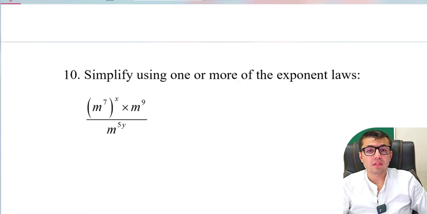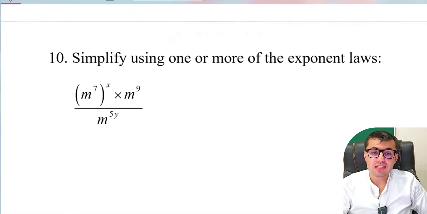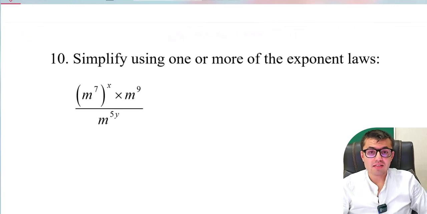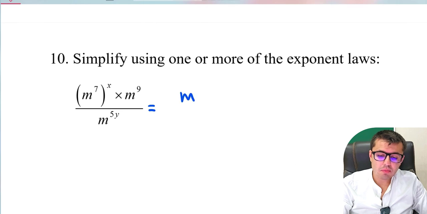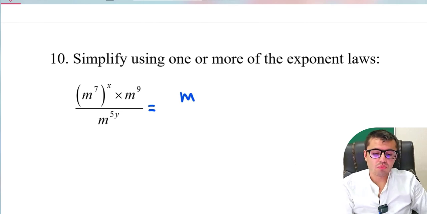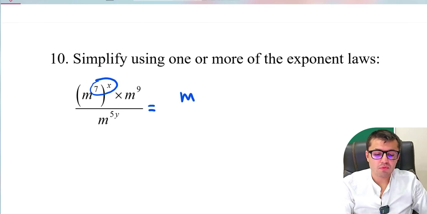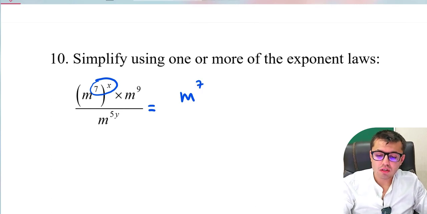The 10th one, we did many questions at the beginning of the last lesson on Friday. So the rule was, with the power in the power, we need to multiply them.